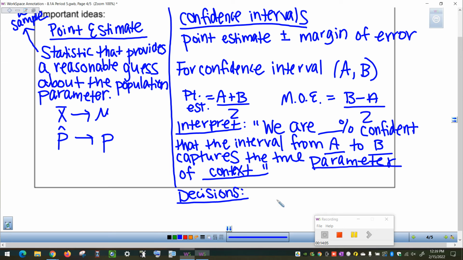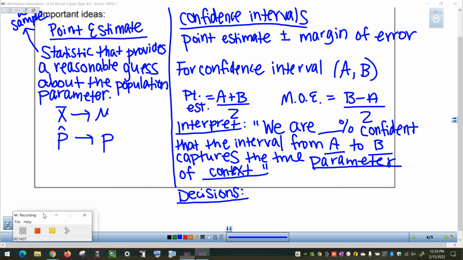And finally, our last learning target talked about using a confidence interval to help make a decision. So what we talked about on the front side is just that the confidence interval is going to give us all the plausible values.